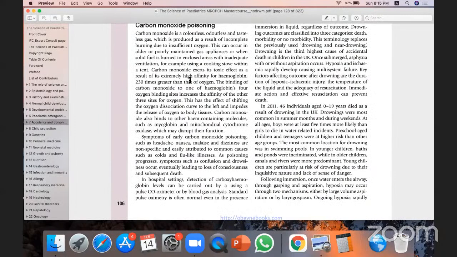It has a toxic effect and 230 times greater affinity than oxygen. It is an important line. Any question until now? Are you getting this poisoning? We are finishing poisonings one by one.